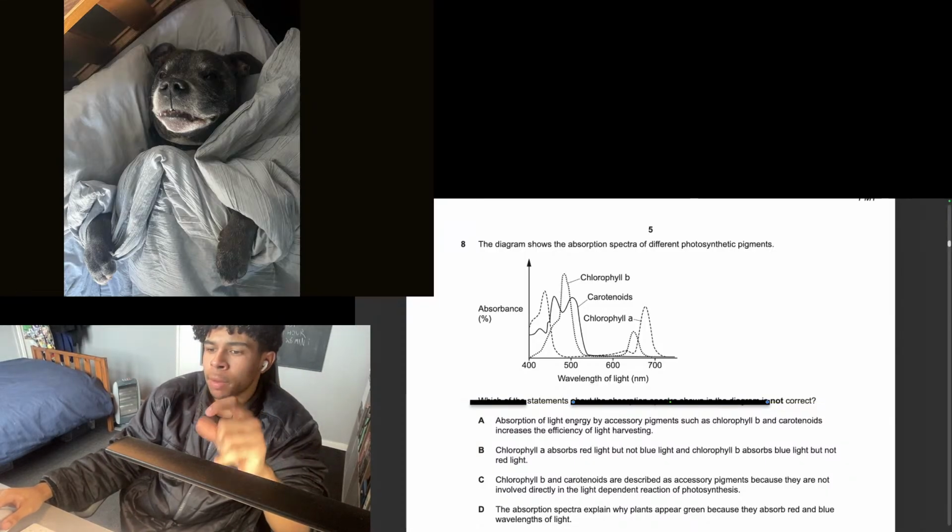Absorption of light energy by accessory pigments such as chlorophyll B and carotenoids increases the efficiency of light harvesting. I suppose that's true. I don't really know. Chlorophyll A absorbs red light but not blue light.